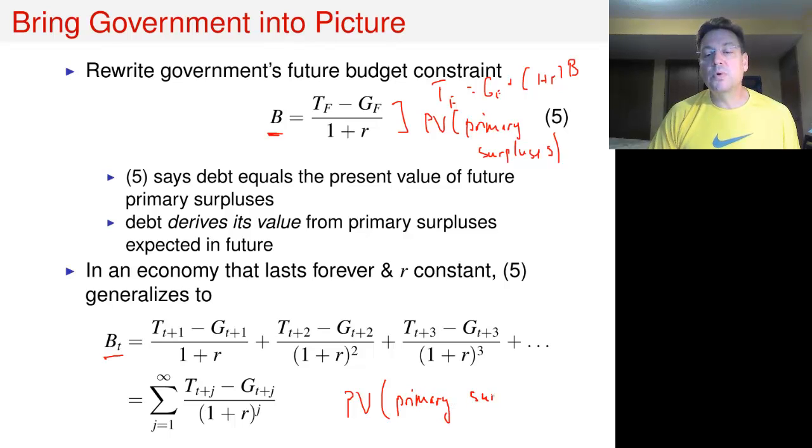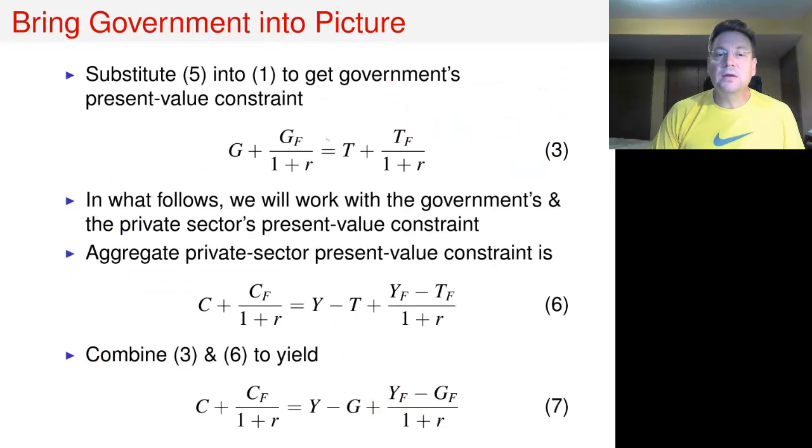So what we have up in equation 5 is just a special case of this where the whole future is ignored and we only look at one period. We can combine the two budget constraints of the government and we get what's called the present value constraint of the government. So what's on the left-hand side is the present value of government spending, and the right-hand side is the present value of taxes.